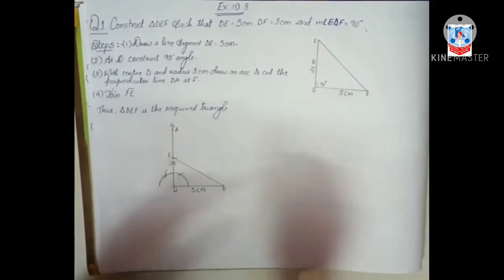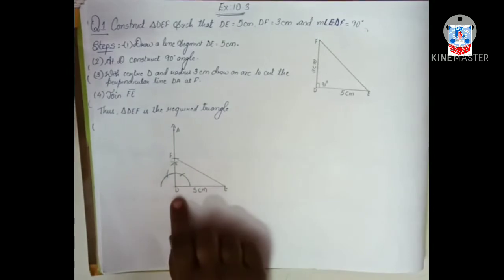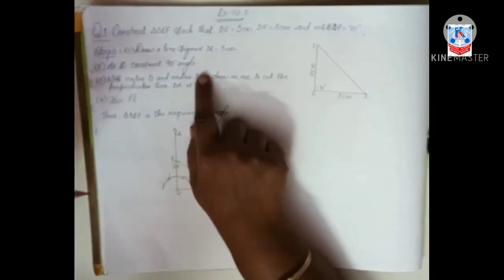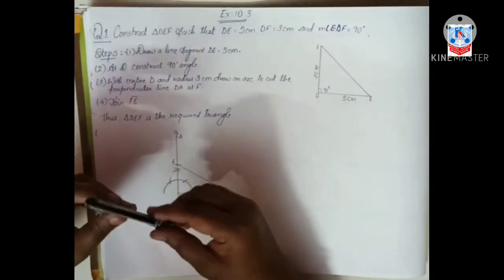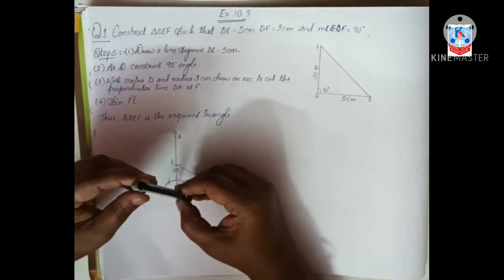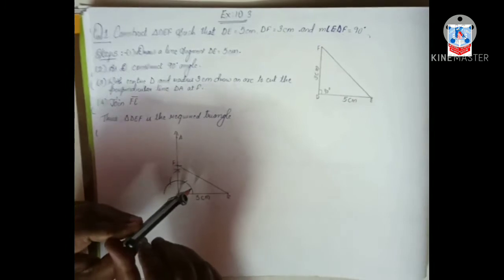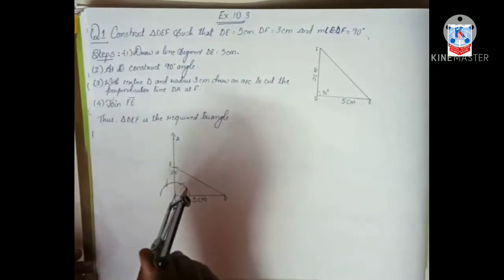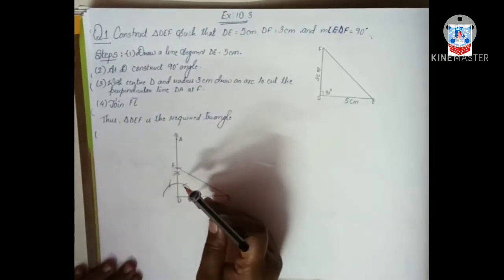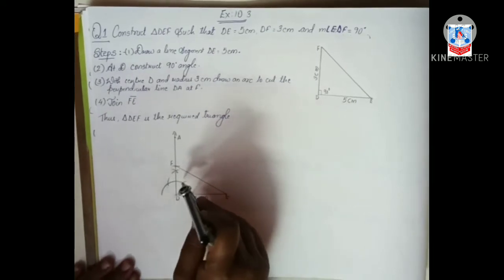Then next at D you will construct 90 degree angle. Now how you will draw? With center D and any radius, like this way you will make an arc. Then with center here, again you will cut an arc here.